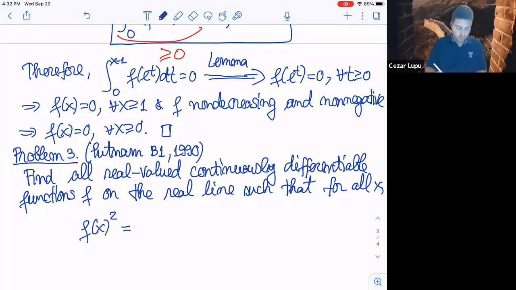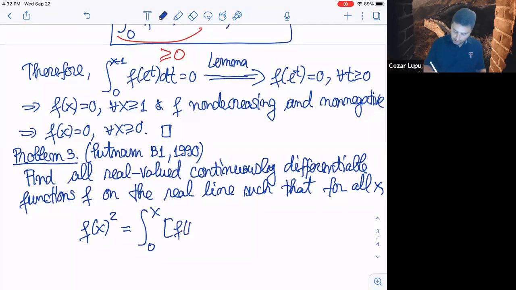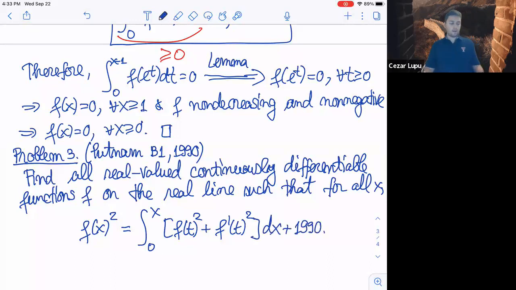So the square of this function is this integral, the integral from 0 to x of f of t squared plus the derivative f prime of t, that's squared as well, dt plus 90.